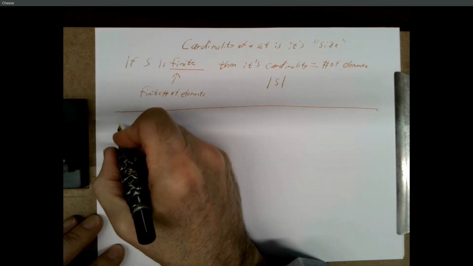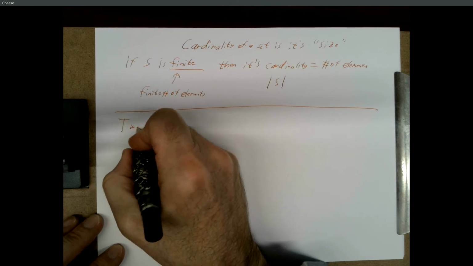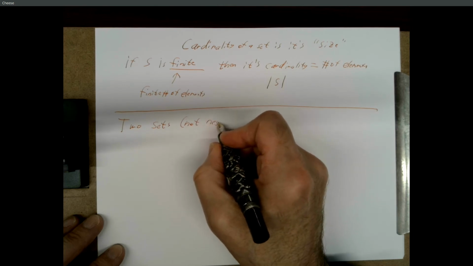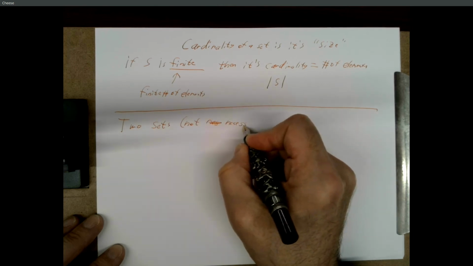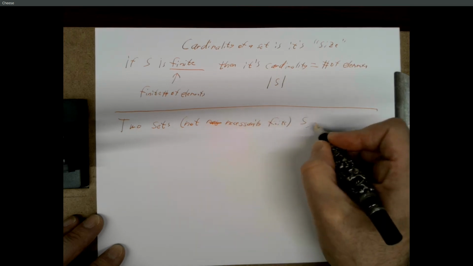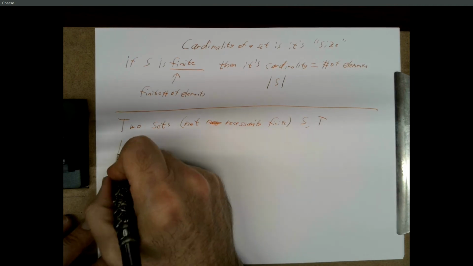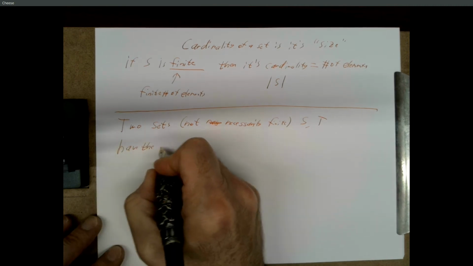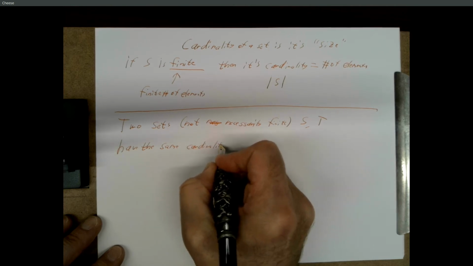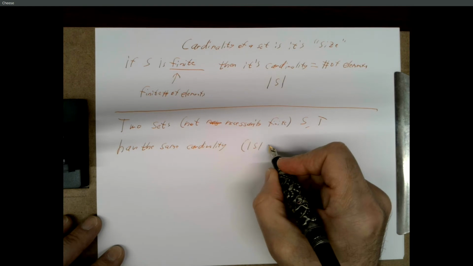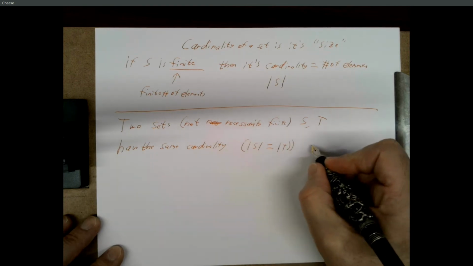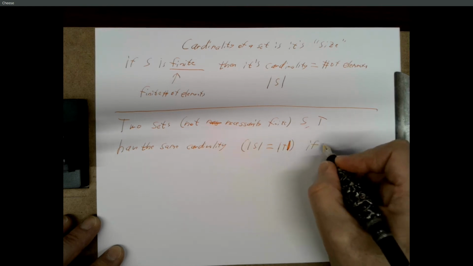So let me give you a definition first. Two sets, not necessarily finite, S and T have the same cardinality, meaning vertical pipes of S equals vertical pipes of T, if the following is true.